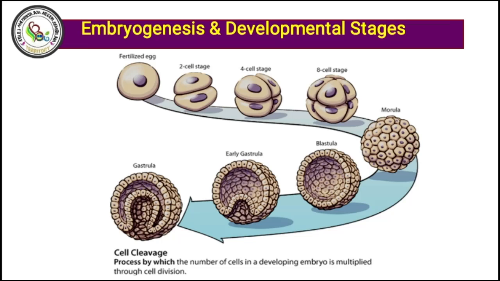The zygote undergoes mitotic divisions with no significant growth, a process known as cleavage, forming cells called blastomeres. The first division produces 2 daughter cells, then 4 cells, and 8 cells.